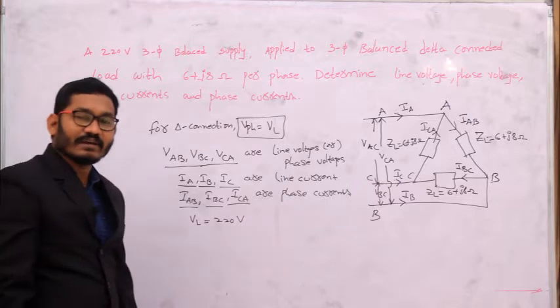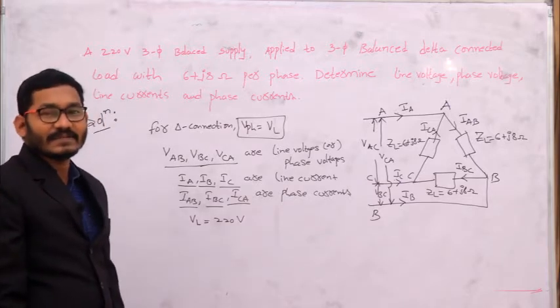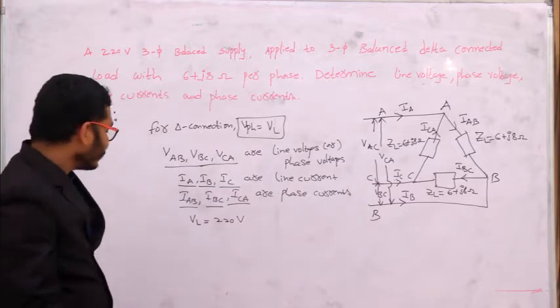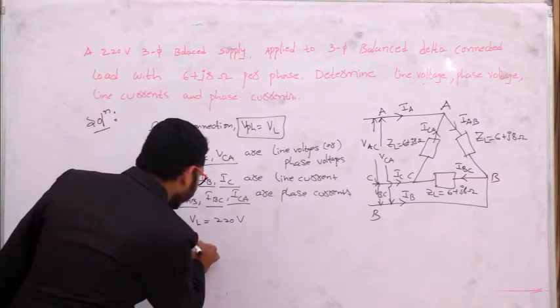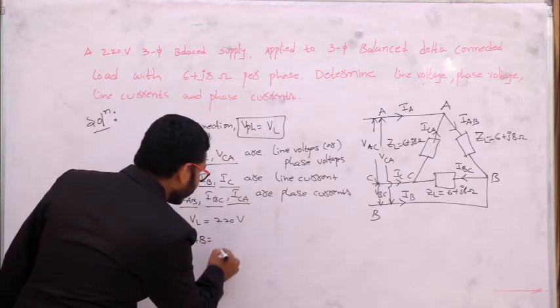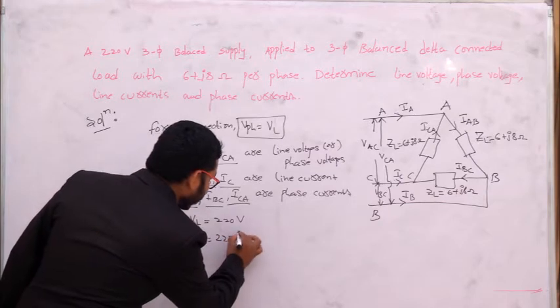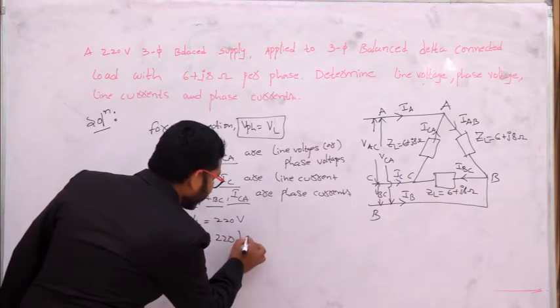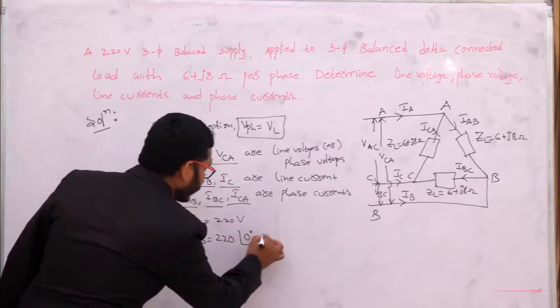We have considered the ABC phase sequence by default. If you take VAB as the reference, you can write the line voltage VAB equals 220 at an angle 0 volts.